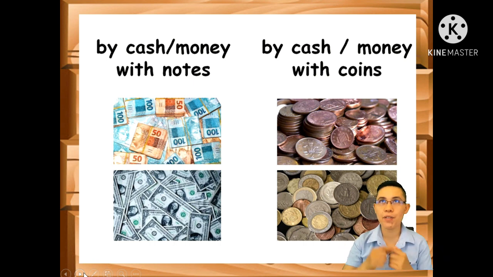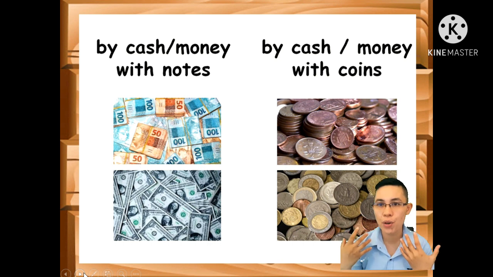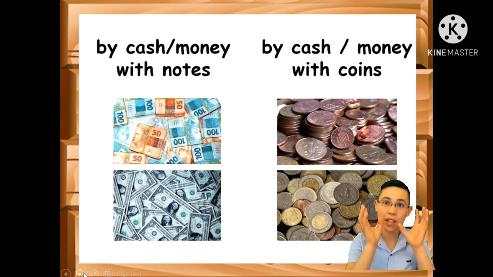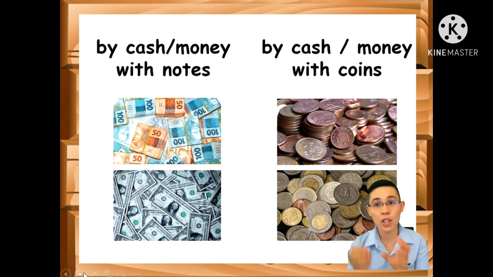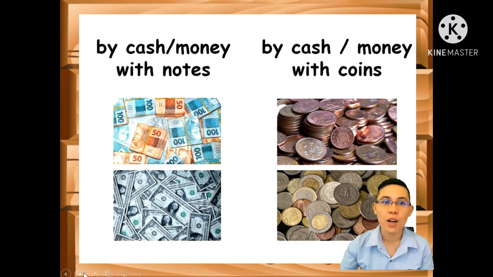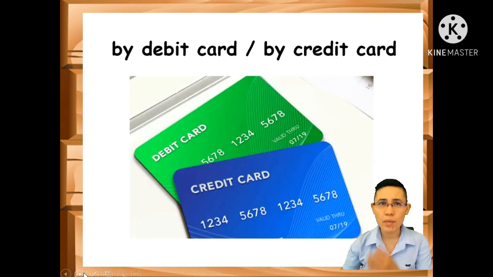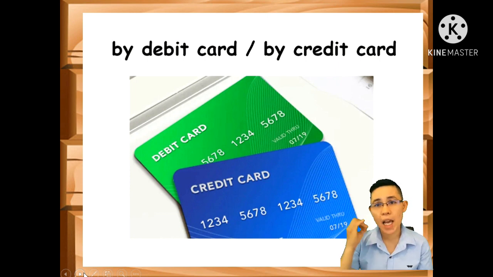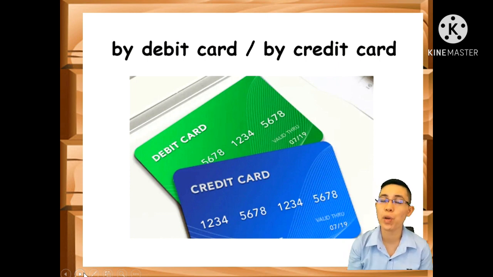So example, if your total is 602 baht, the 600 is actually the money with the notes, and the 2 baht is actually coins. So next we also pay by debit card, or we pay by credit card.